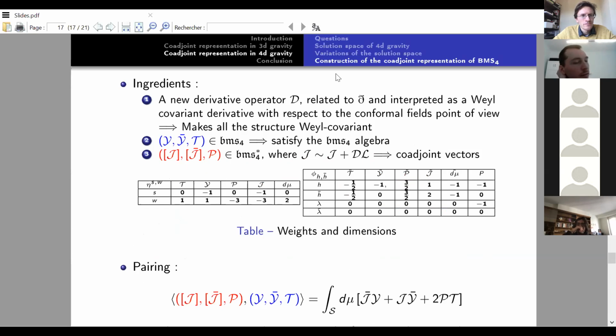I would say that here this operator is motivated by the Weyl invariance of the structure, while in Campiglia's construction, I think it was more for the BMS transformations. Maybe they are related. At the end there's only one Weyl structure, so they should be related. Maybe I could have a look at that. I cannot answer precisely, but that's actually an interesting question.